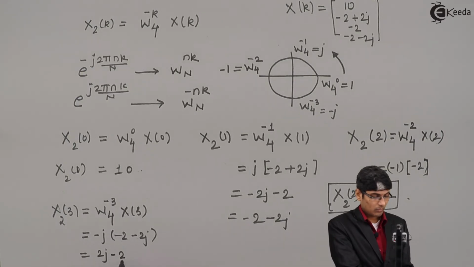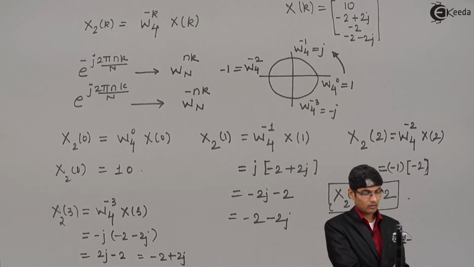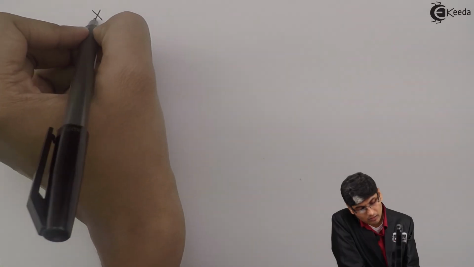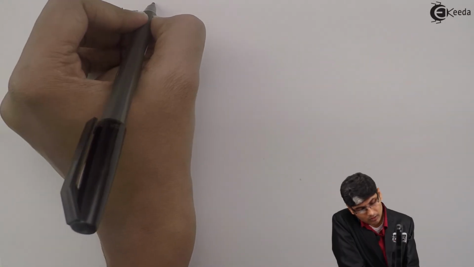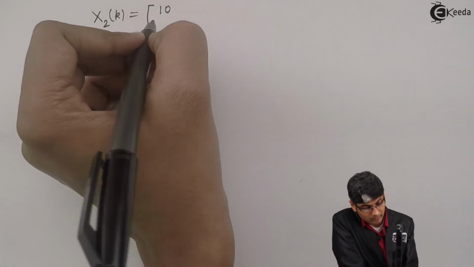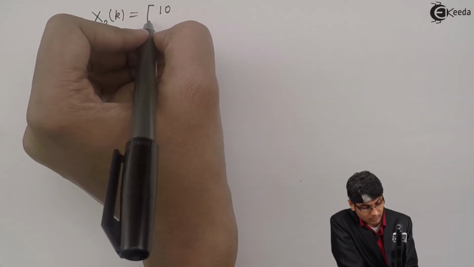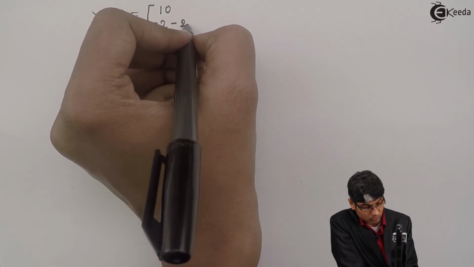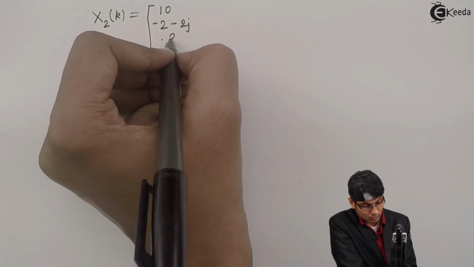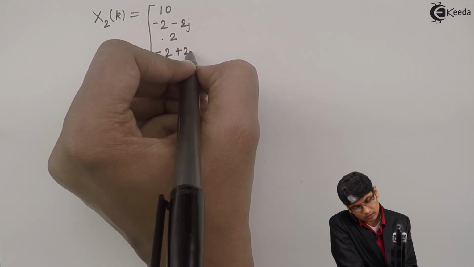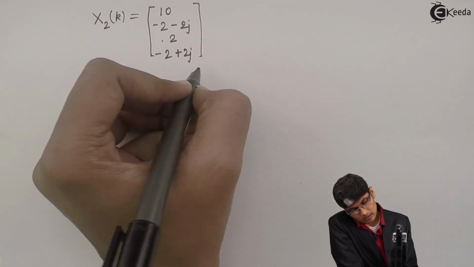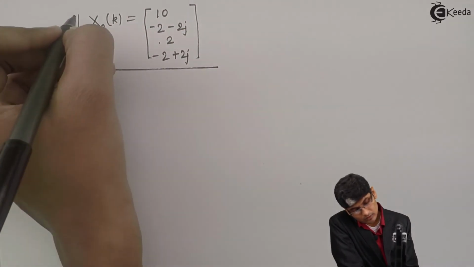So it will be minus 2. So you will get minus 2 plus 2j. Okay. Therefore, we can say X2 of k will be equal to 10, then I have minus 2 minus 2j, then we have 2 and then we have minus 2 plus 2j. That is X2 of k.